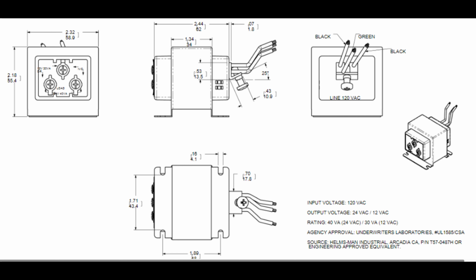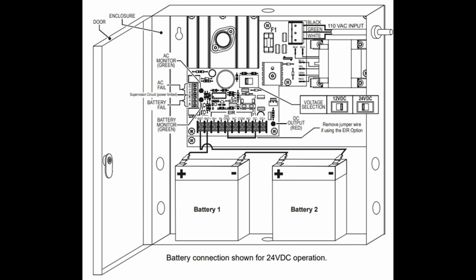But between the transformer and the electric strike, you must have a rectifier, which converts it to DC voltage so that it works. So you'll have a DC strike, but it would be a better installation if he uses a power supply, which not only transforms the voltage down from line voltage, 110, to, say, 24 volts, but also rectifies the power.